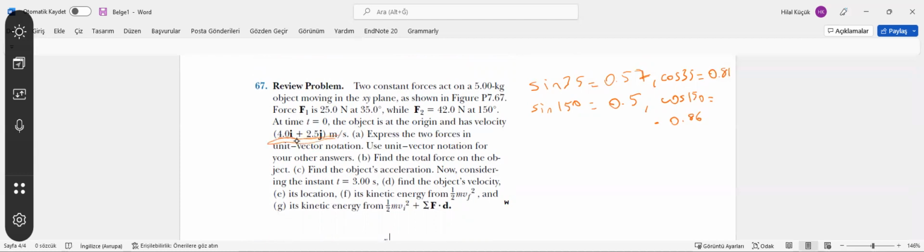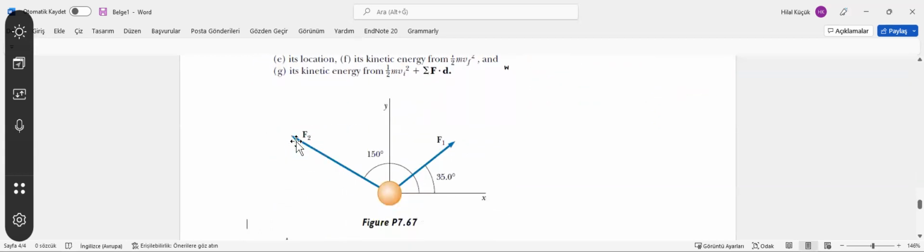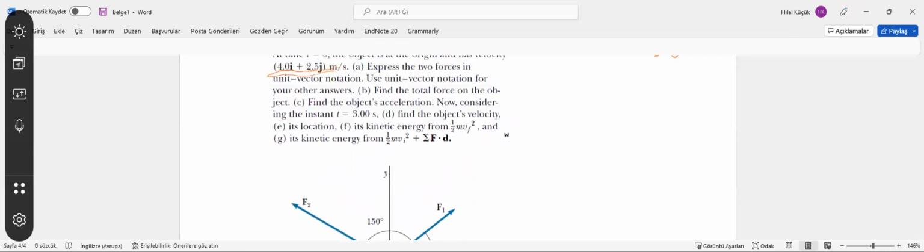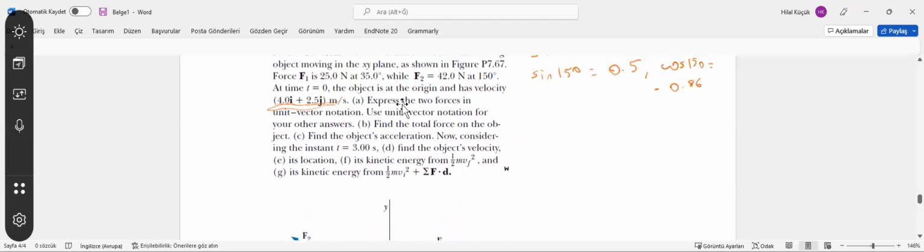Express the two forces in unit vector notation. Be careful, I have two vectors and it is asking to find them as one vector. Is it? I don't know. I will check.